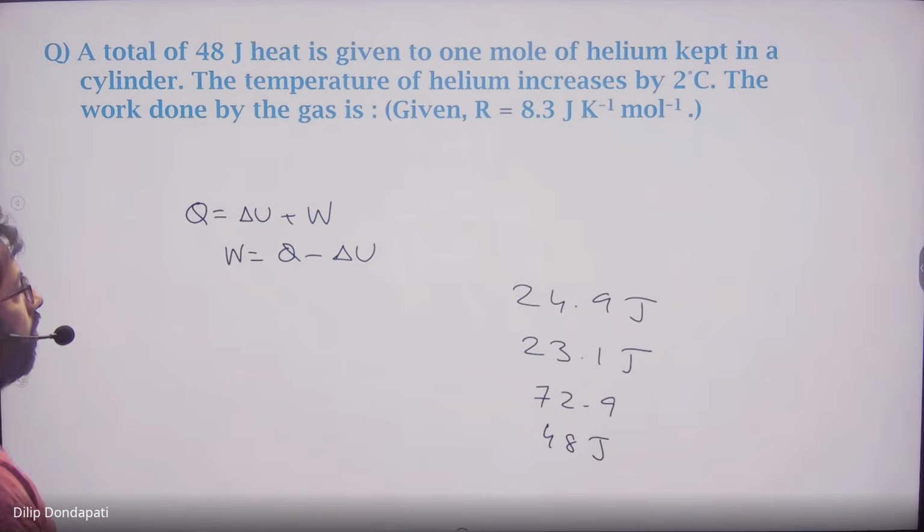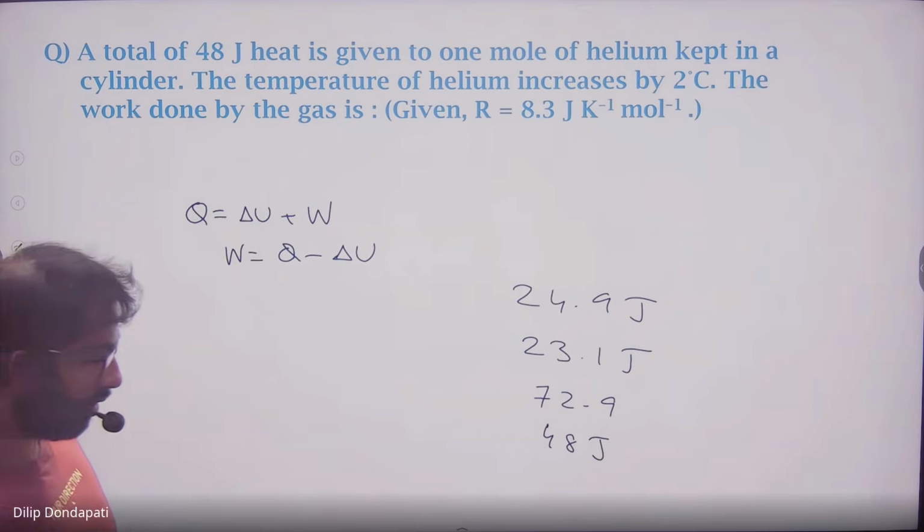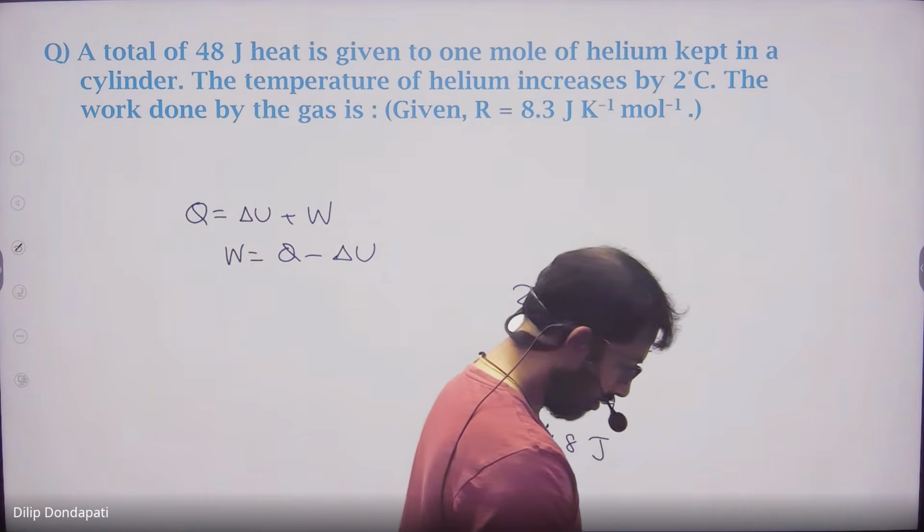Heat is known, so find delta U separately, substitute, and tell the answer. The 2 degrees Celsius, I mean the delta T, will be 2. Degrees Celsius and Kelvin will be the same for a difference, right? Yes.